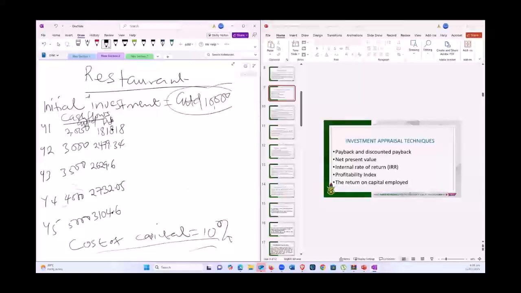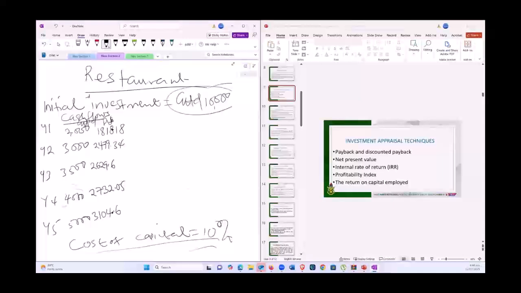So accept all projects that have positive net present values and reject all projects that have negative net present values. If the net present value is positive, the project is viable and should be accepted. If negative, it is not viable and should be rejected. Did you get me?